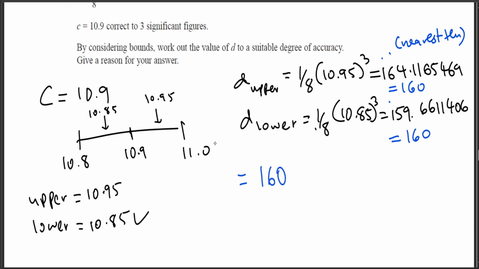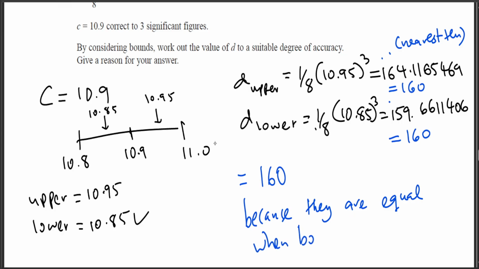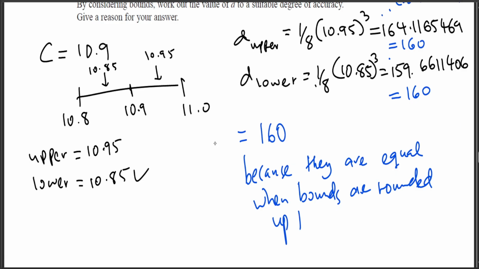And therefore this is your answer. Why? Because they are equal when the bounds are rounded off to the nearest tens. But you can also write to three significant figures. It's also correct.